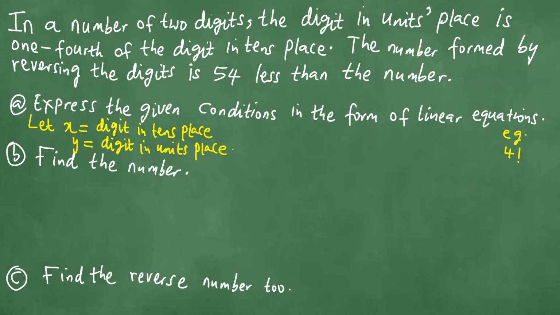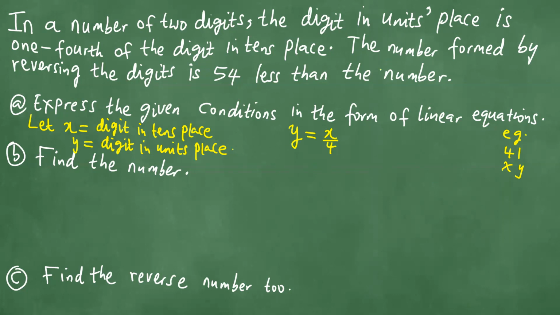And this is true here because if you take 1/4 of the digit in the tens place, you get the digit in the units place. And therefore, if x is the one in the tens place and y is what is in the units place, we can be rest assured that y is equal to x out of 4, like so.